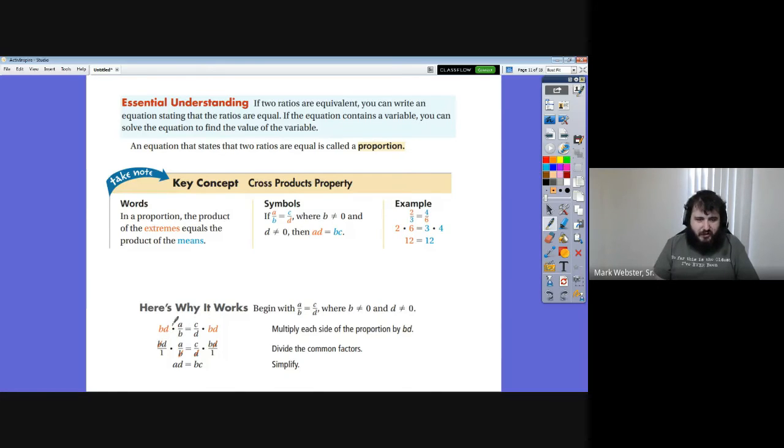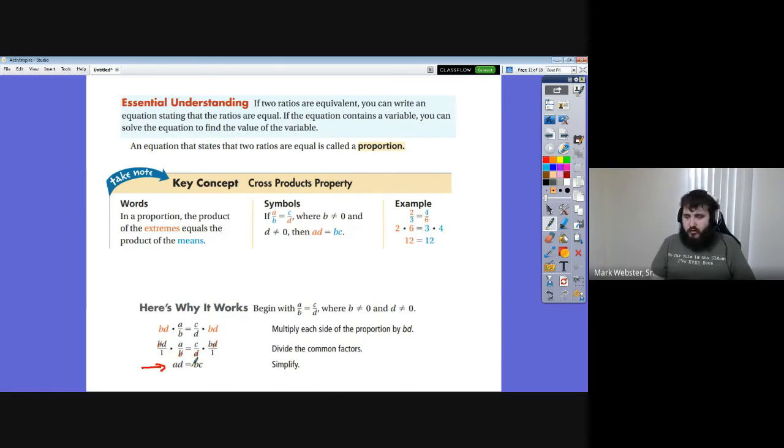They multiply both sides by b times d, so that the b cancels out with the b on the left, the d cancels out with the d on the right, and then what's left over is what they have. So, that's the big reason why in the bell ringer I gave you problems starting here. All those problems that you were given started at this spot, and then you solved to the end.